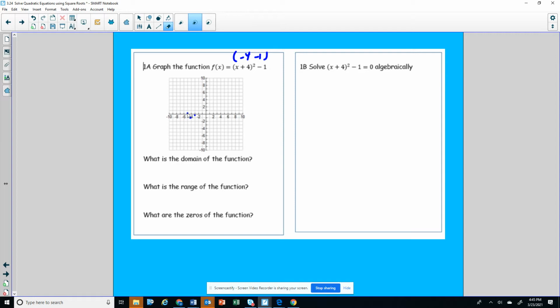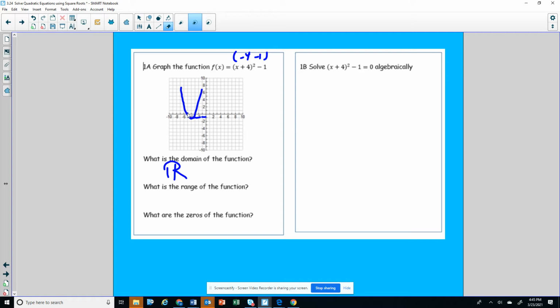All right, so the graph looks something like this. And you saw I just graphed it, something like that. All right. And so the domain is all real numbers. And the range we said, right? The lowest point of the graph is -1.